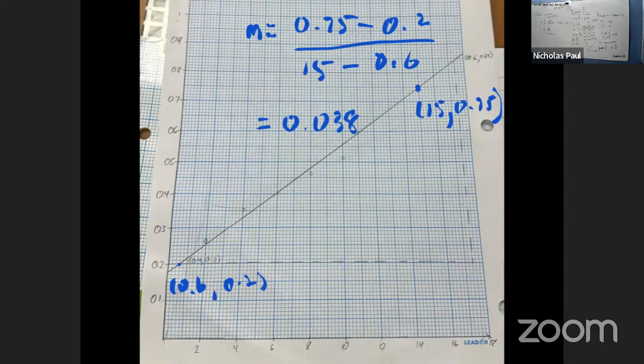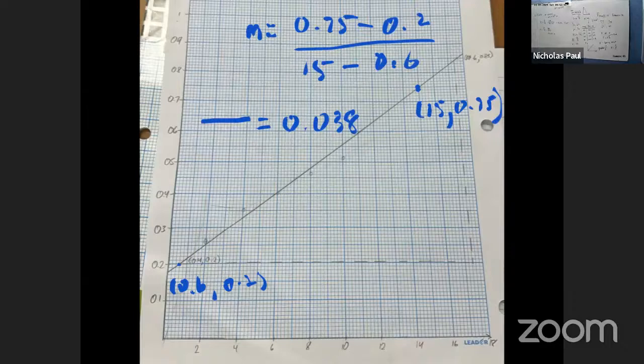All right, so let's look up here. How are we getting the spring constant here? What does the gradient represent? Well, what's on the y-axis? What quantity?